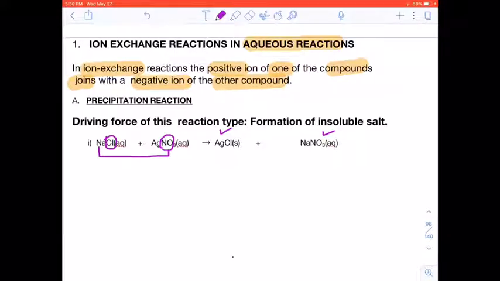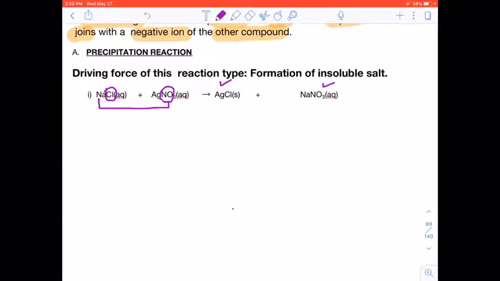Now let's look at the ionic equation for this. In an ionic equation, we take all the electrolytes and separate them into their ions.